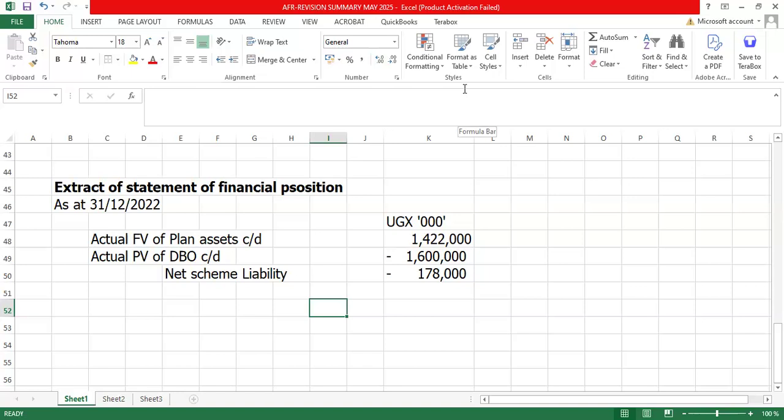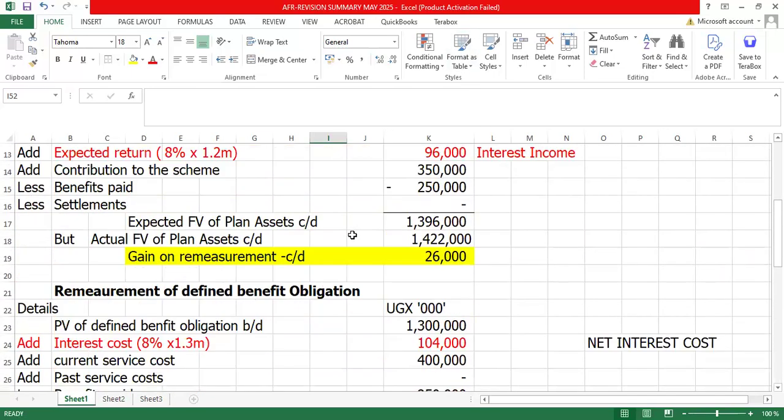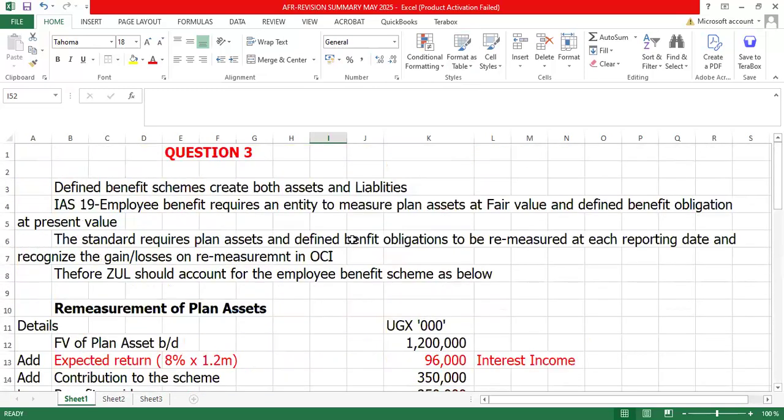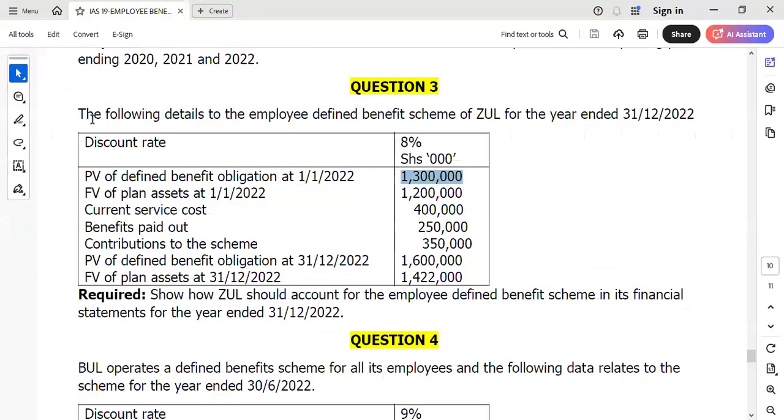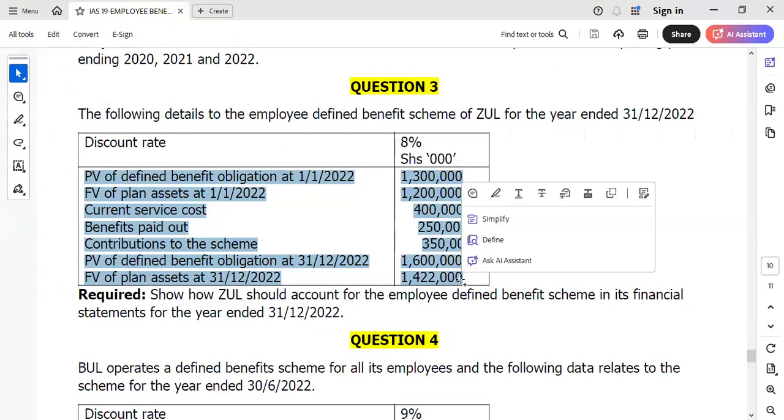This part normally appears in question 1, because they can put this as a note. Let's say note 8. They put all this information in note 8.